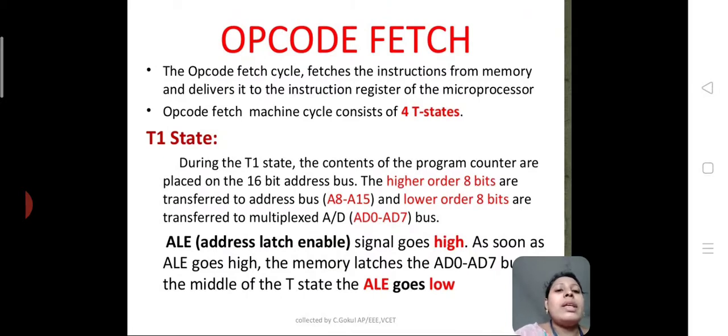Next ALE: here ALE goes high. As soon as ALE goes high, the memory latches the AD0 to AD7 bus. In the middle of the T state ALE goes low because at that point the data will occur, so it is active only for address latching.